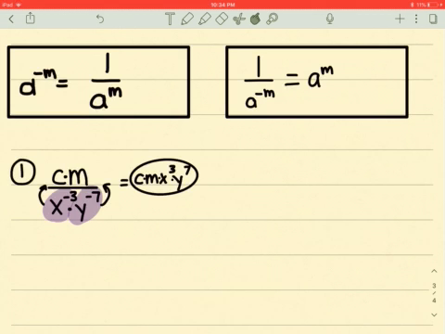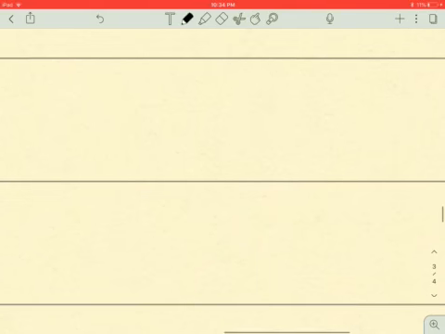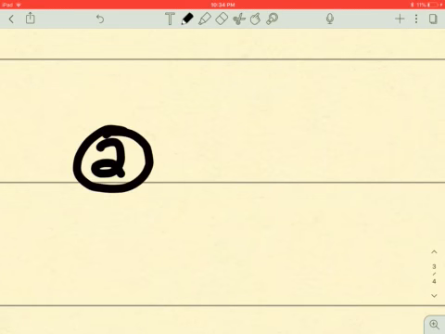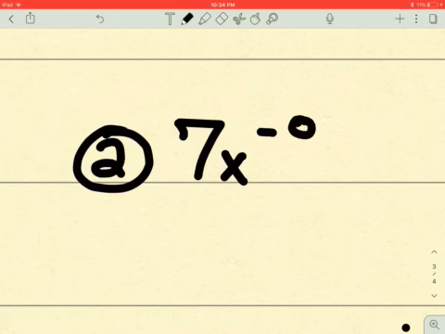What if I have something that looks like yesterday, a little review. Say I have 7x to the negative 8th. That is the same as 7 times x to the negative 8th.